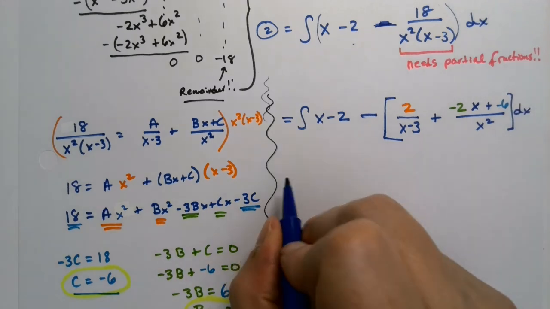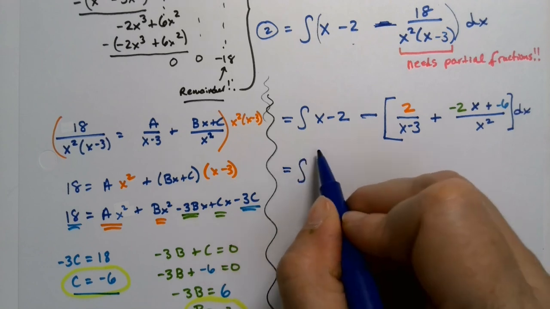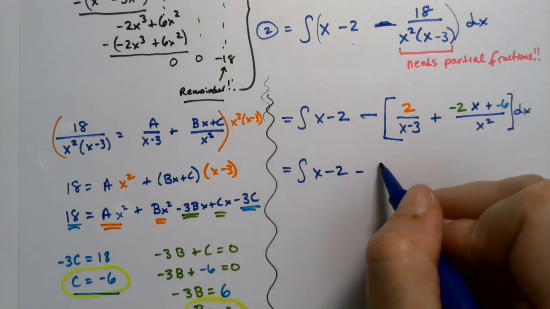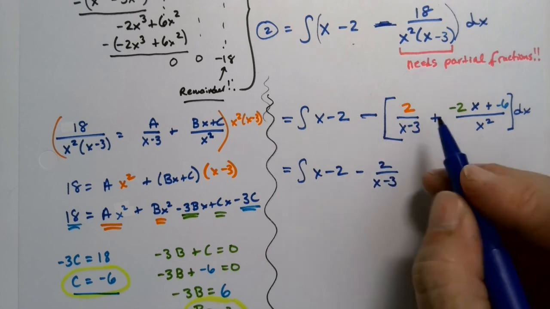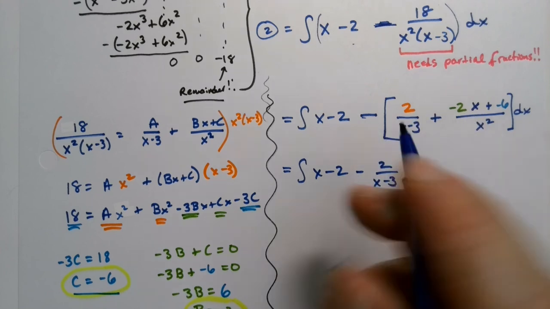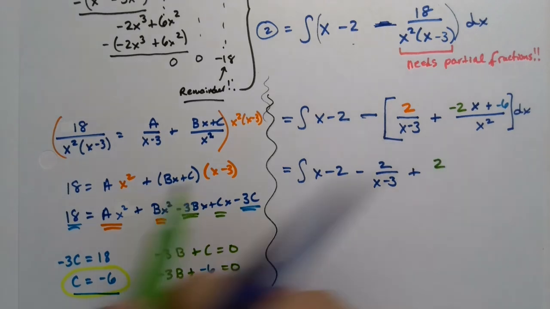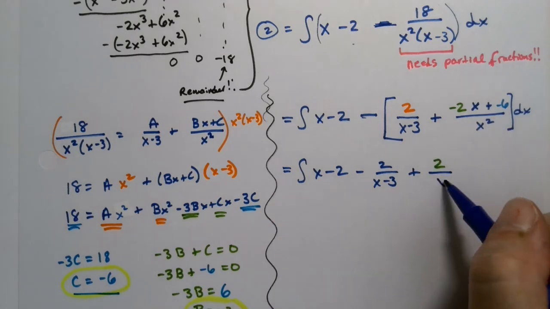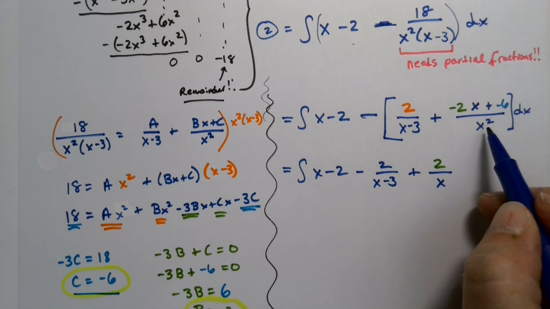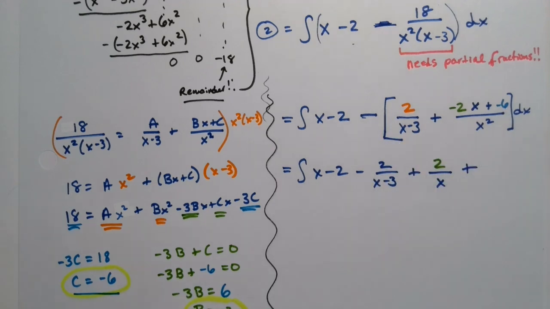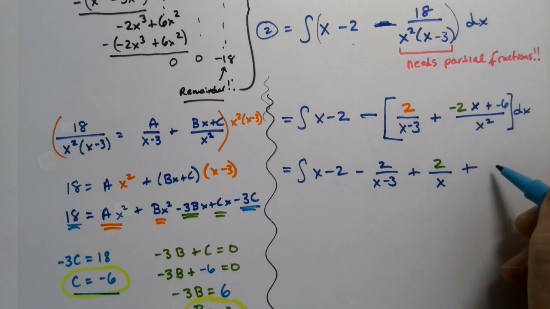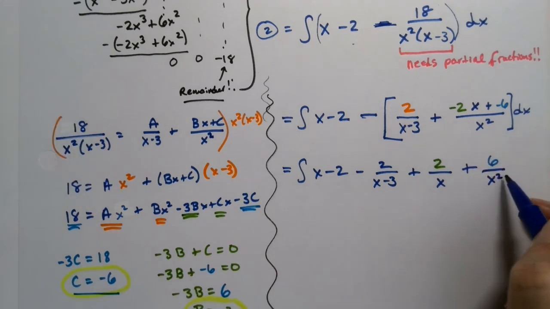Well, I'm going to be breaking that up into pieces. So let's see, this is x minus 2 minus 2 over x minus 3. Minus a minus 2x is actually going to make plus 2x, and it's 2x over x squared. So that's actually just 2 over x because the x's will cancel on that term. And then minus a minus 6 is plus 6 over x squared dx.